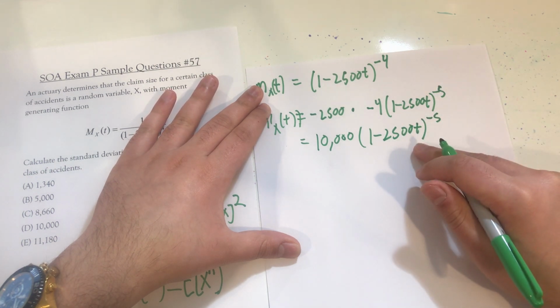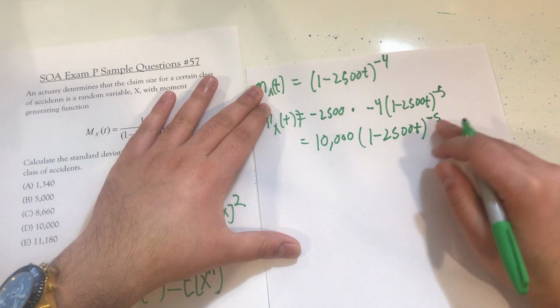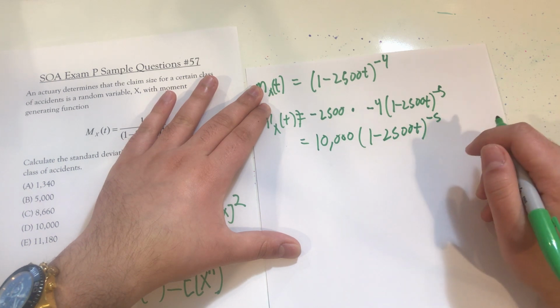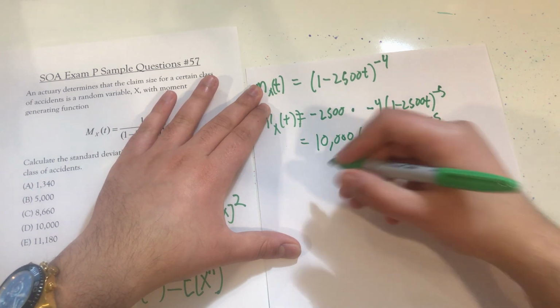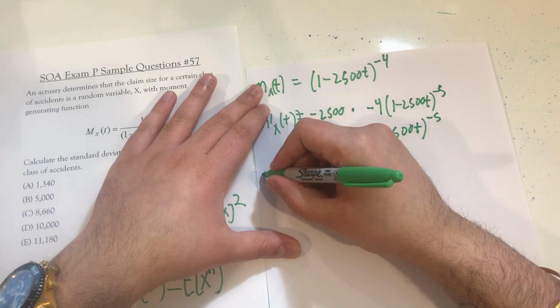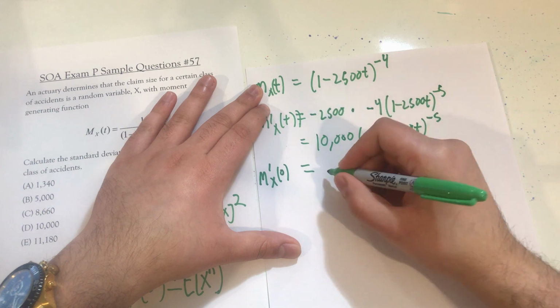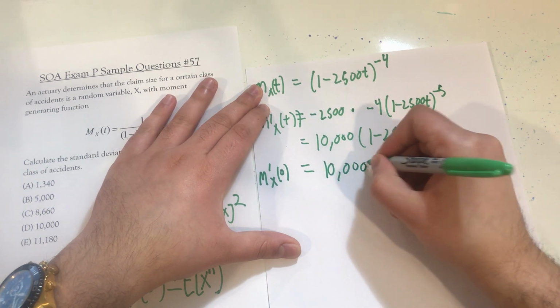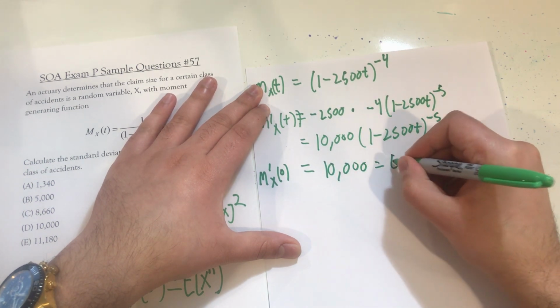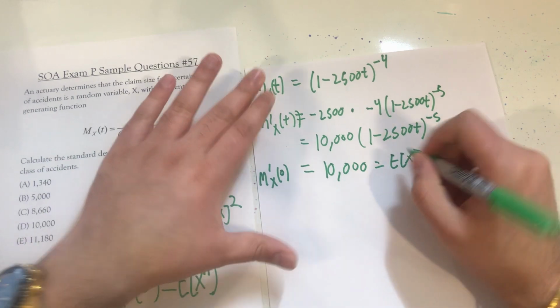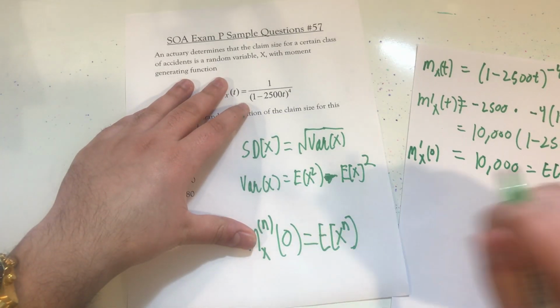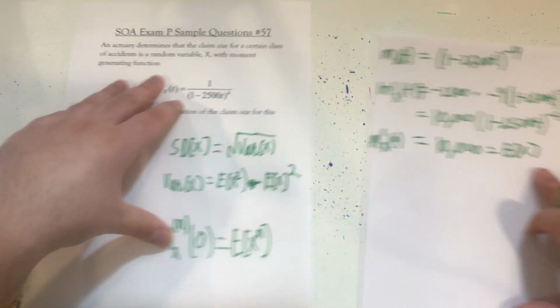Plugging in 0, this will just be 1 to the negative fifth, right? 1 minus 0 to the negative fifth. 1 to the negative fifth is just 1, meaning the first derivative of my moment generating function evaluated at 0 is equal to 10,000, which is E of X. Okay, I'm kind of halfway done, right?